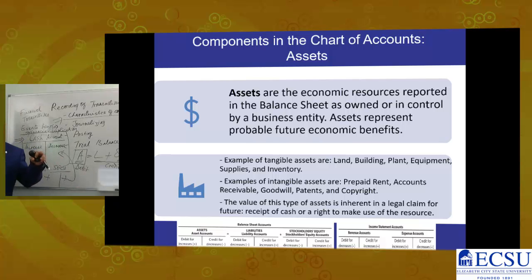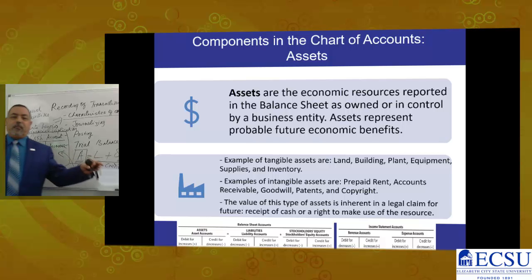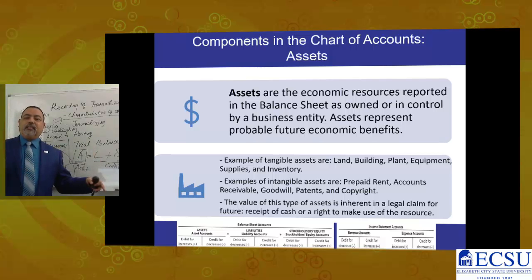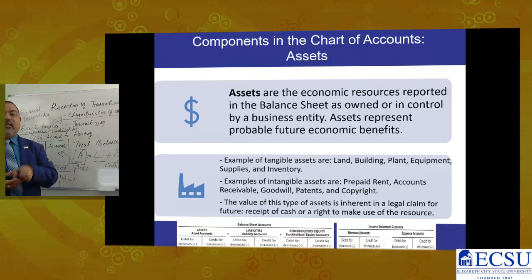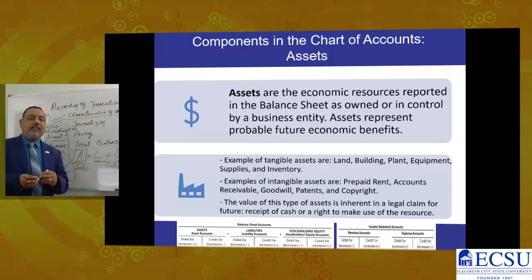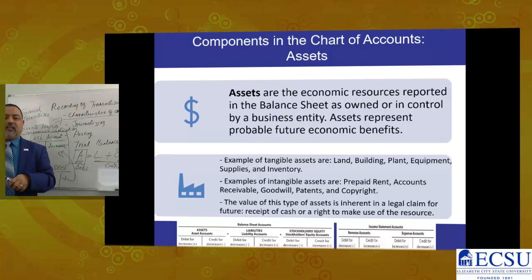So you'll have to record in two places. The part that you own will be the asset, the part you owe would be the liability. Now assets can be both tangible and intangible. Tangible assets could be land, building, plant, equipment, supplies, inventory. Anything that has a physical form would be tangible. And anything that does not have a physical form but exists in the books of accounts would be intangible.